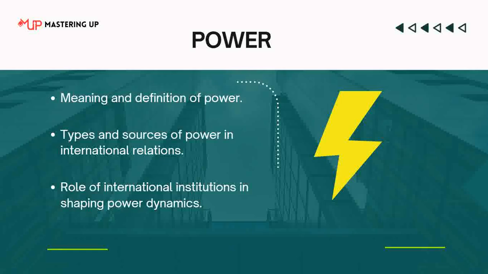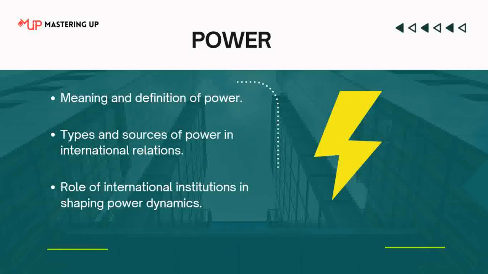In the context of international relations, power refers to the ability of a state to achieve its goals and objectives through various means, including coercion, which is force, persuasion, and influence. Power is the capacity to shape the behavior of others and to achieve desired outcomes. So there are several types of power in international relations.